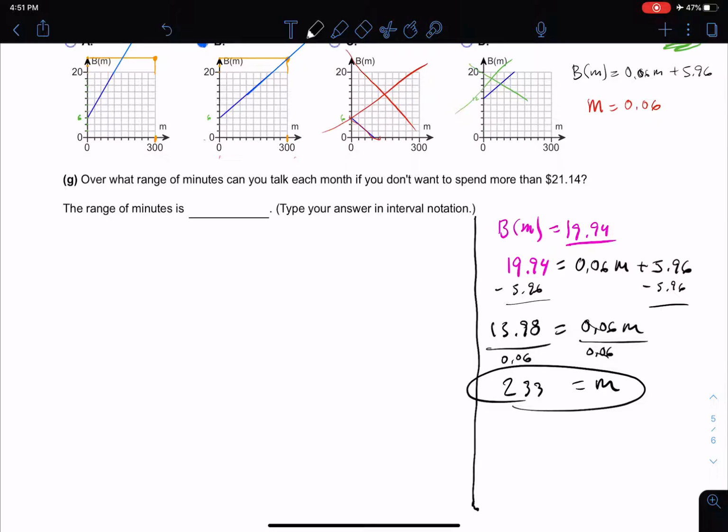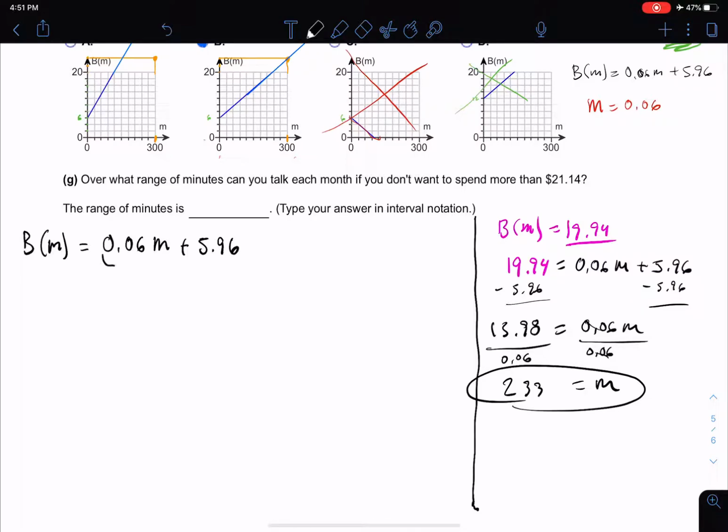Okay. So here's, I think, the best way I can try to show this. Remember our linear function, b of m, and that equals 6/100 times m plus 5.96.